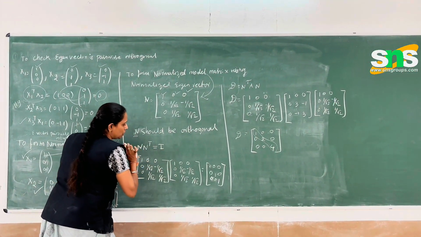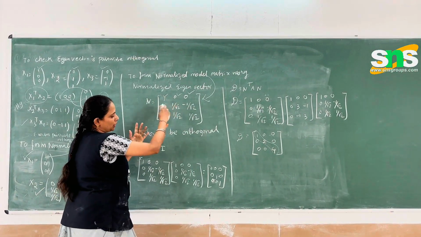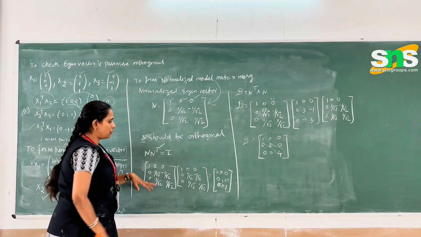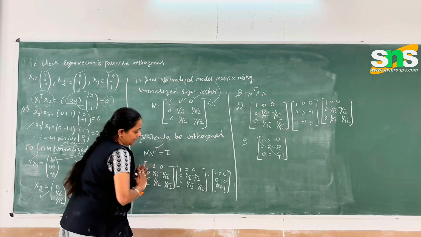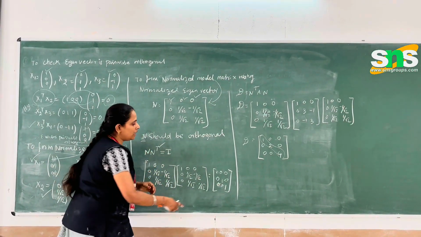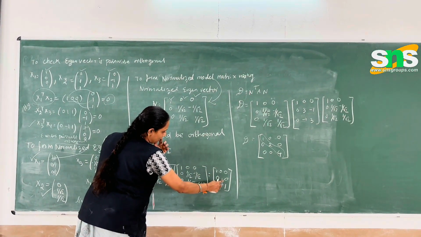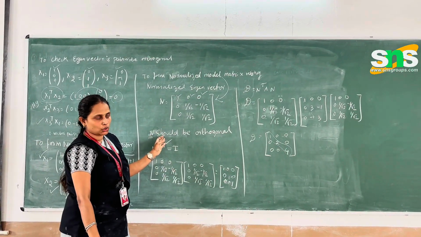N transpose N should equal I. This is N, and changing the rows into columns gives N transpose. After multiplying the N matrix and the N transpose matrix, we get I, which is 1 0 0, 0 1 0, 0 0 1. So N is orthogonal.